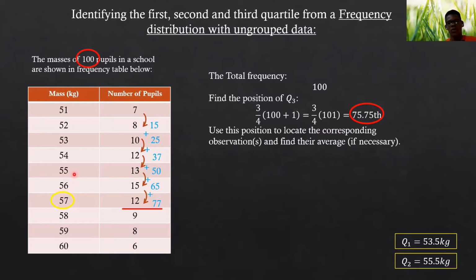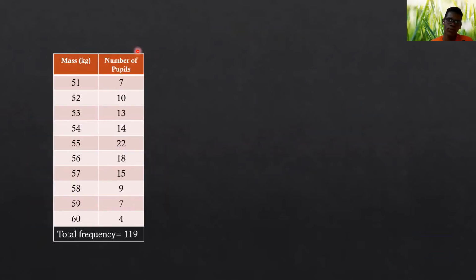So you just look for the value equal to or more than the position. And if you're working with a decimal position and you find a whole number, then it's stretching between two observations and you have to find the average. If that does not happen, then you just take the value when you reach a value equal to or more.